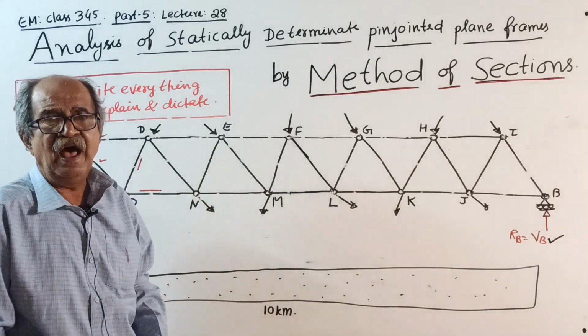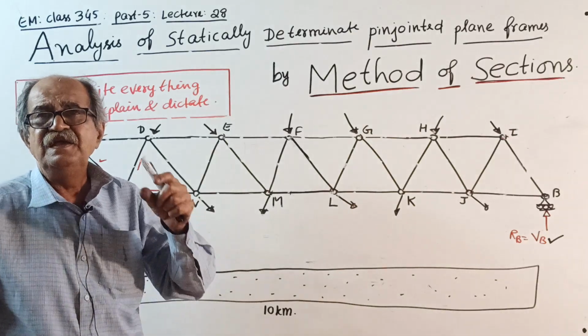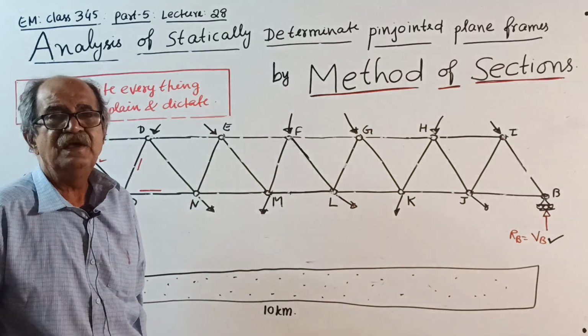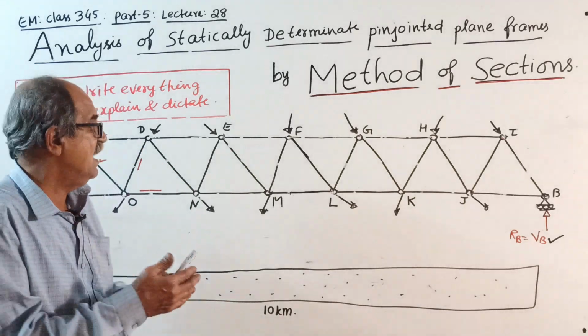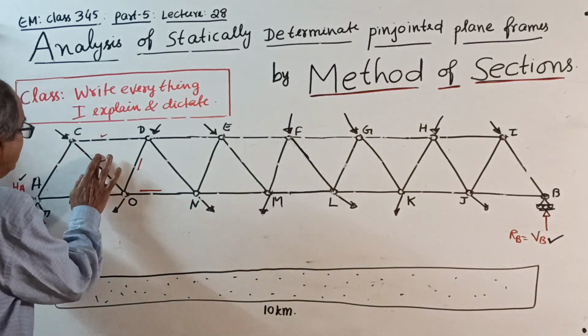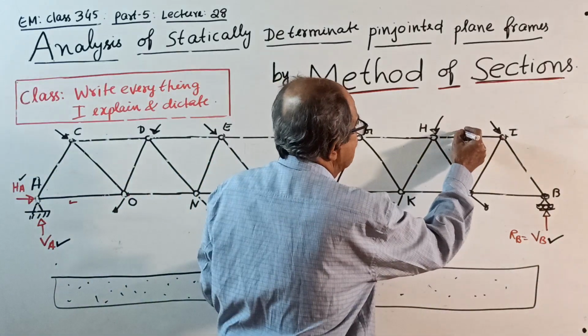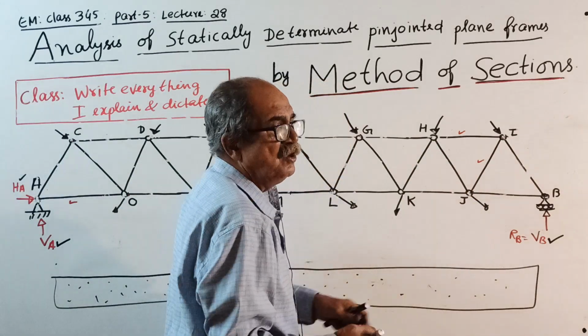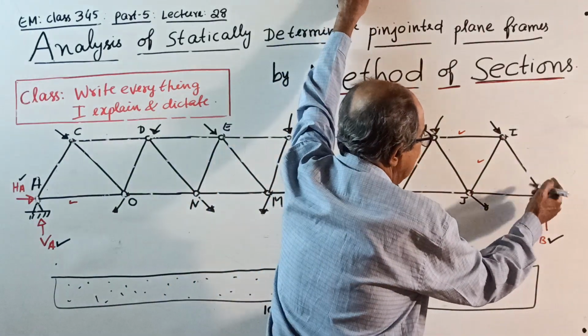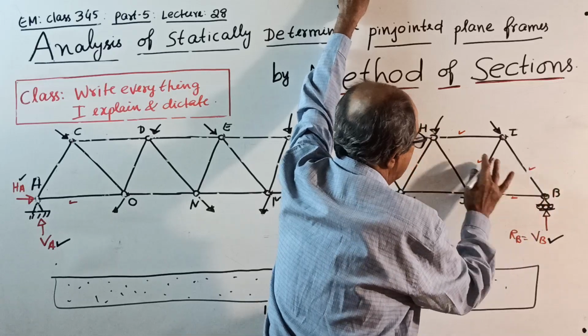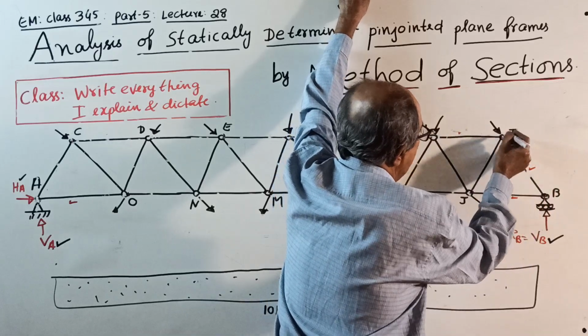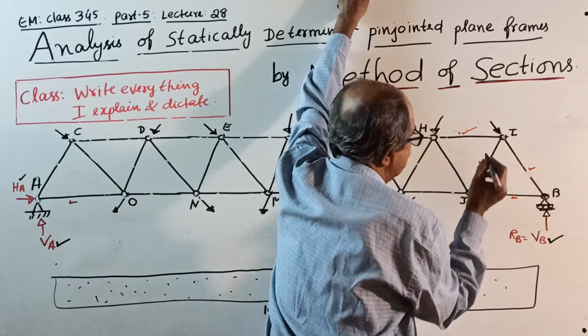So if you want axial forces in some of the members which are near to the end, either left end or right end. See, for example, suppose you want force in these two members. Okay. What you can do? Start from joint B, get force here, get force here. Okay, then come to joint I, get this force and get this force.